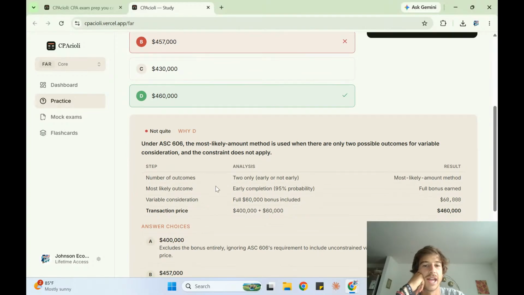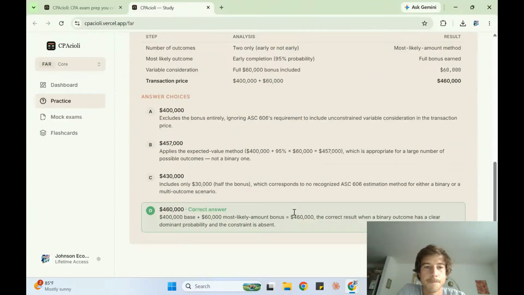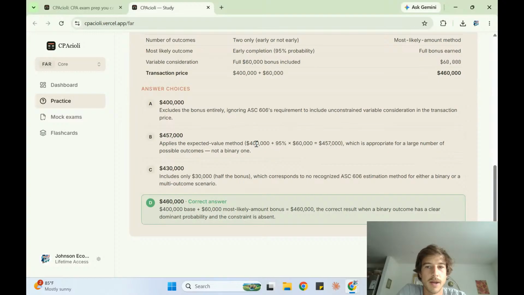And because of that, you just take the full amount rather than multiplying by the probability, like I did.